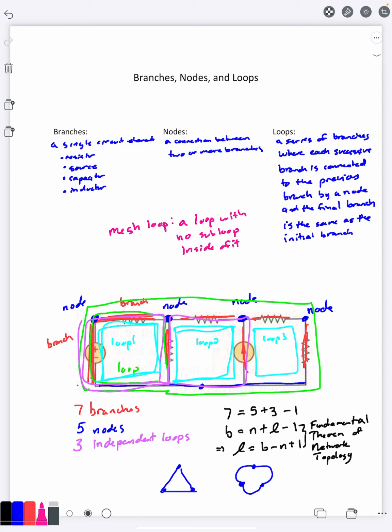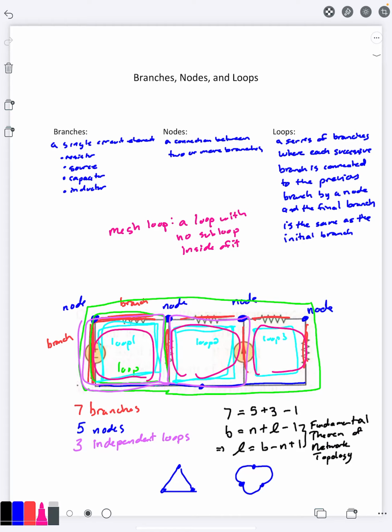So if you saw my 3 loops here, loop 1, loop 2, loop 3, there is nothing inside that loop that would also be a loop. And so those are examples of mesh loops. And if you always pick mesh loops, you're guaranteed to have independent equations. And so as you'll see as we go into further and further examples, we're just by default going to be picking our mesh loops, these things on the inside of them.